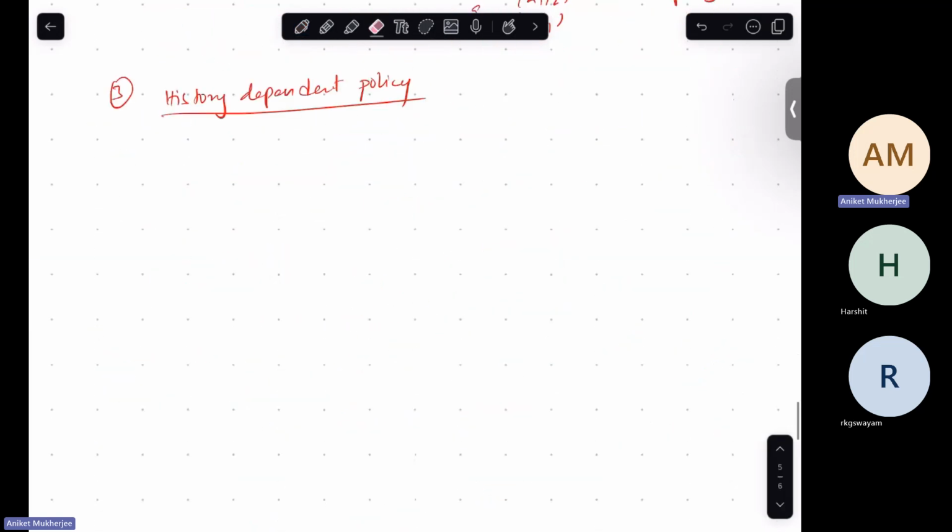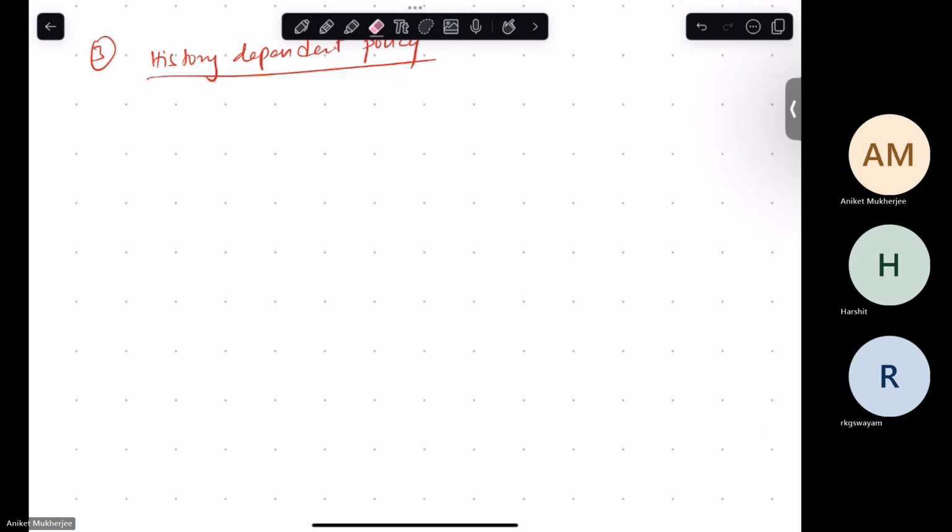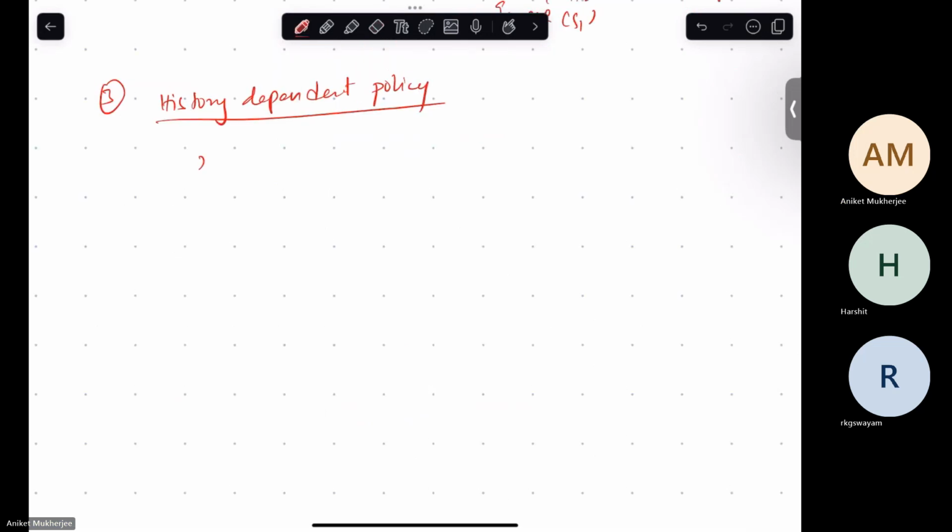The history dependent policy would be: if S1, this implies the whole history was in S1. So because your whole history was in S1, you know all the pairs of states and actions that you have taken till now to be at S1. All your states are S1, S1, and all your actions are A11, A11. Because if you take A12, then with probability 1, you go to state S2. So you have not taken A12, you have taken A11.